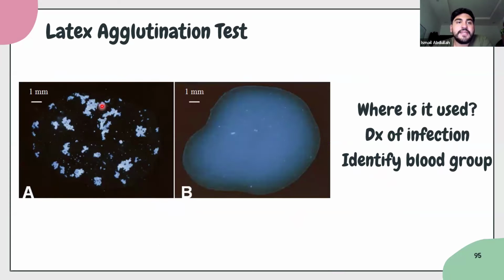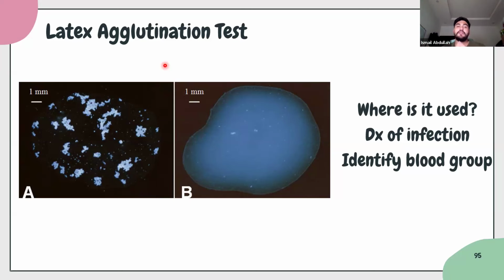First thing is the latex agglutination test. This is usually a very rapid test, by the way. You would have the antibodies on the test itself, and they would put the antigens from maybe your blood sample.